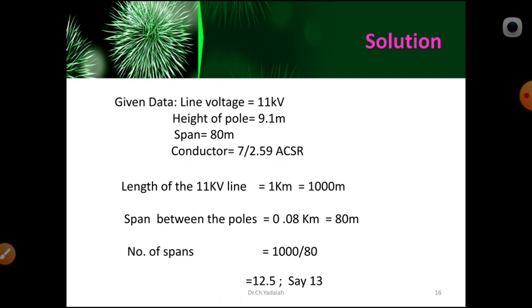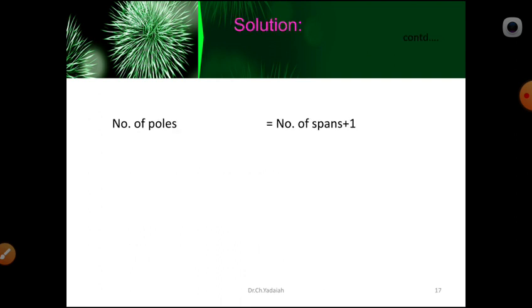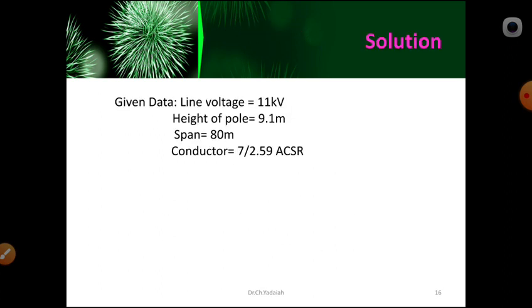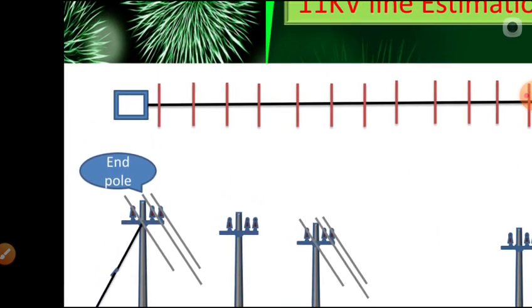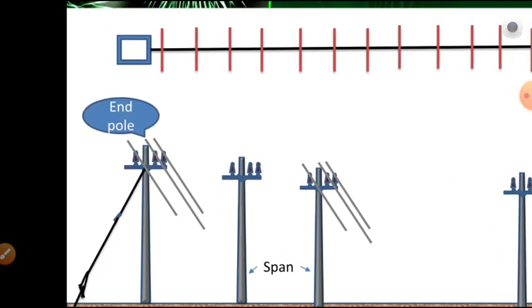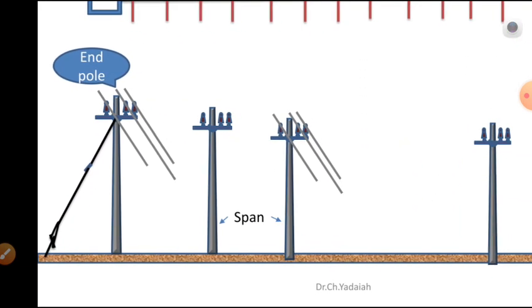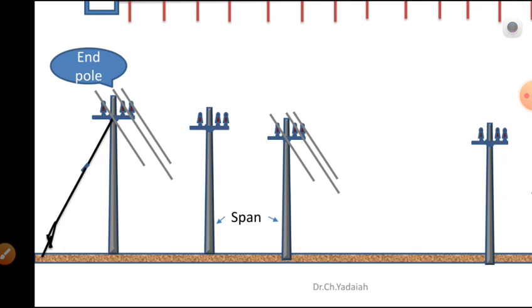After knowing the number of spans is 13, now we are going to calculate the number of poles. How do we find the number of poles? The number of poles is equal to number of spans plus 1, that is 13 plus 1. Why should we take plus 1? If you go back, you can see here in this line: this is the first pole, this is the second pole, and this is the third pole. So 3 poles, span 1, and another span 1, so 2 spans and 3 poles.